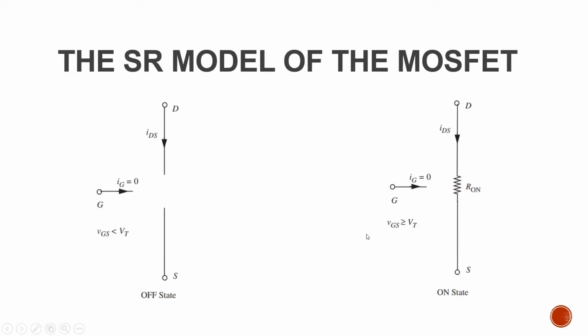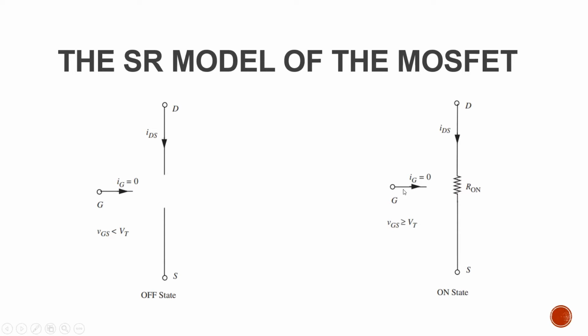In the S model, there was no resistance. We assume it to be ideal, resistance is 0. Whereas here in the SR model, whenever the device is on, it has some finite resistance, Ron. You can see one observation from these two figures: whether the device is on or off, it doesn't matter, IG is equal to 0 only.